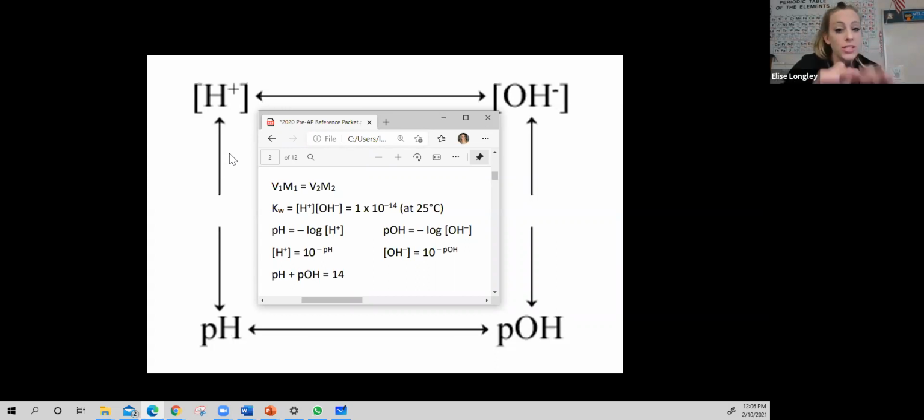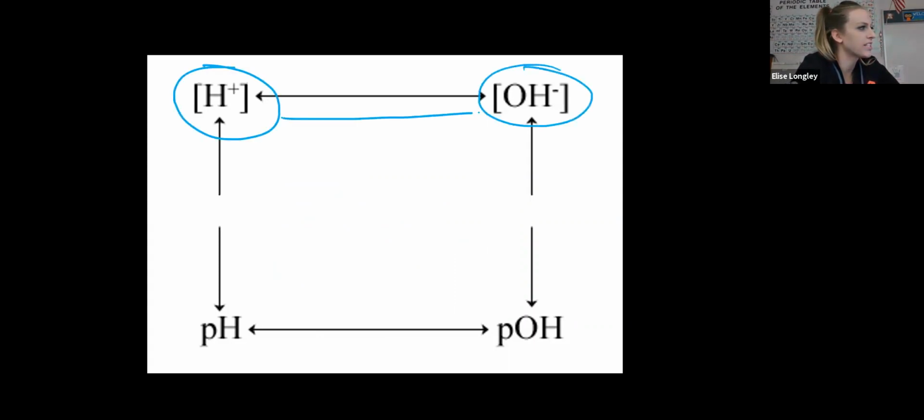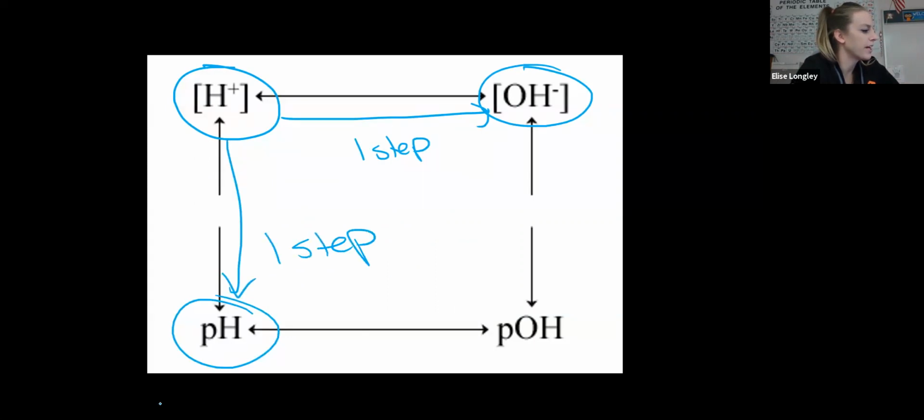So the most steps that any of these equations can be is 2 steps. For example, if I give you H+ and I ask for OH-, that is 1 step. If I give you H+ and ask for pH, that is 1 step, okay?